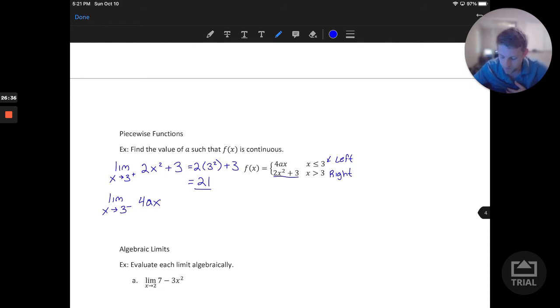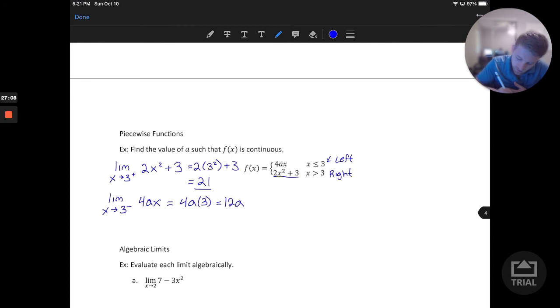Well, for right now, we could evaluate that and say that's going to be 4a times 3, and that would be 12a. Well, for us to have a continuous function at this point, our limit has to exist first. And so we know that 21 and 12 times a would have to be equal to each other if this function would be continuous at x equals 3.